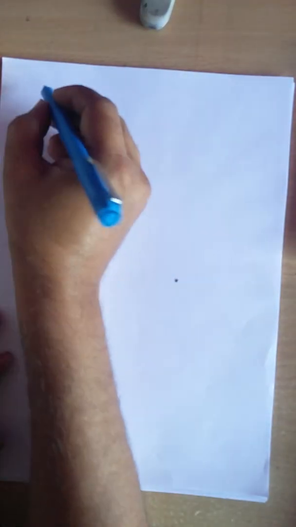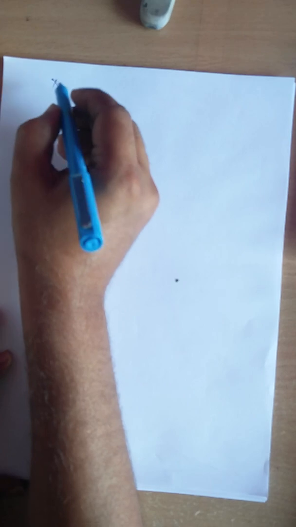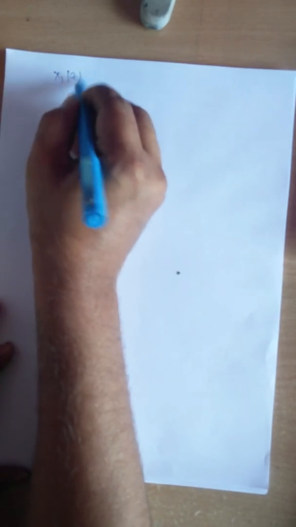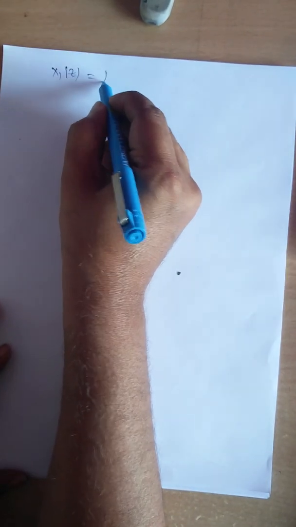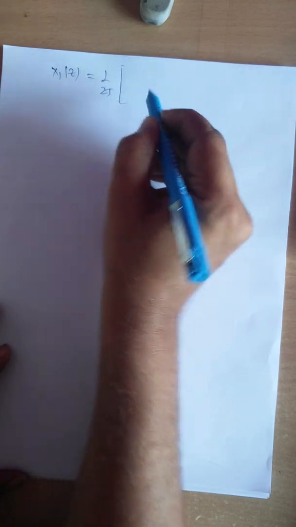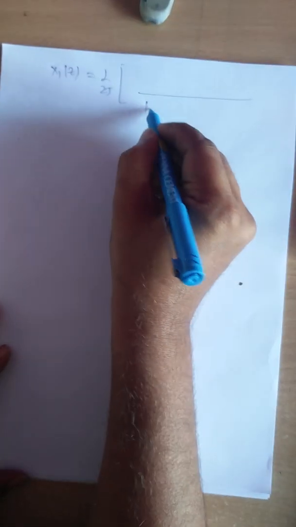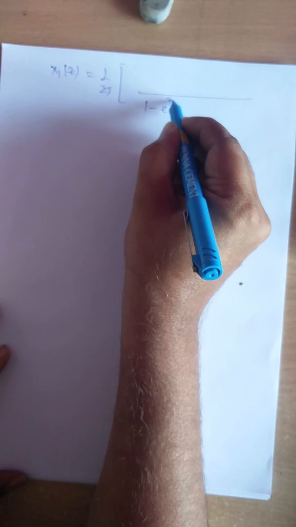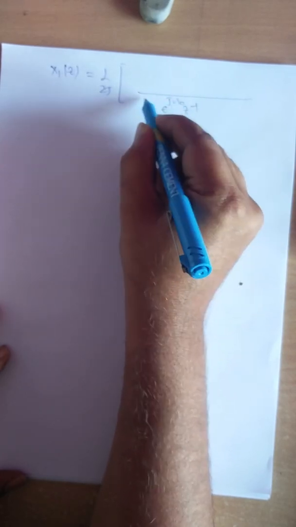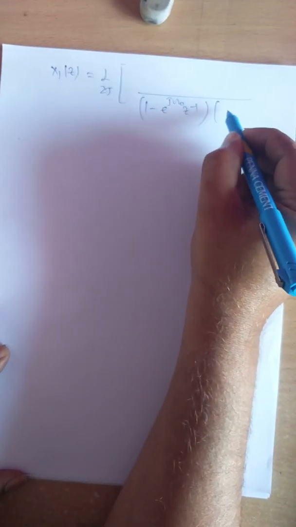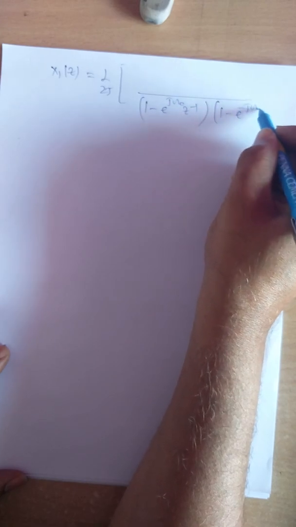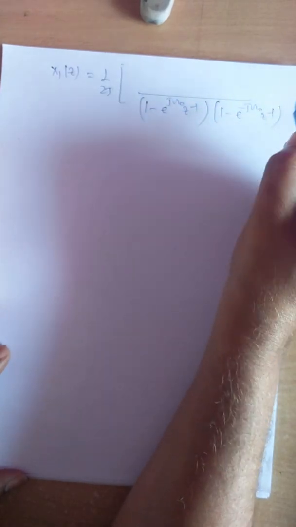Next, let us take its LCM. That is x1 of z equals 1 by 2j, keep it as it is, and take the LCM, that is 1 minus e to the power of j omega naught z inverse into 1 minus e to the power of minus j omega naught z inverse.